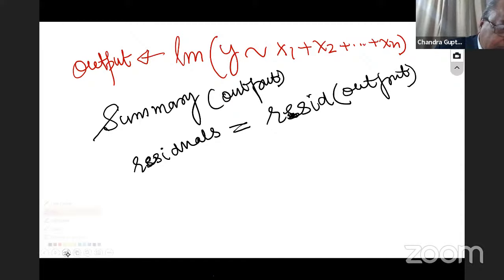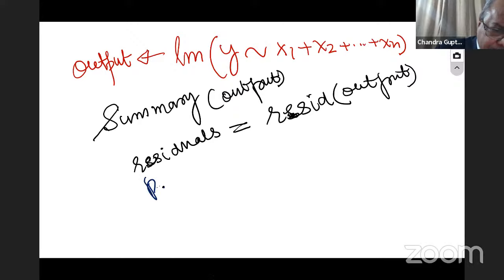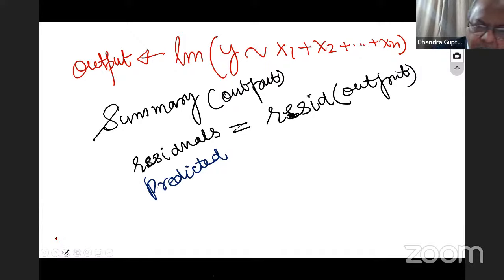And to save the predicted values, the command is predict output.